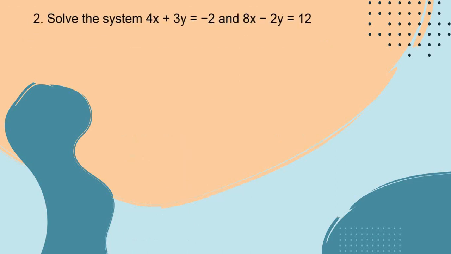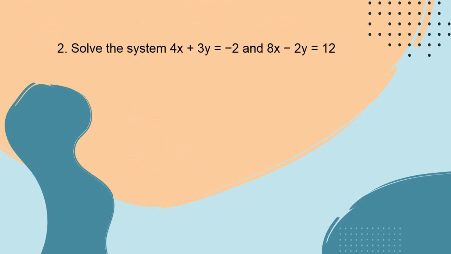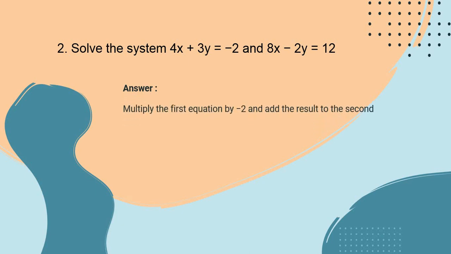The second problem is solve the system 4x plus 3y equals minus 2 and 8x minus 2y equals 12. The answer is: first, multiply the first equation by minus 2 and add the result to the second equation.